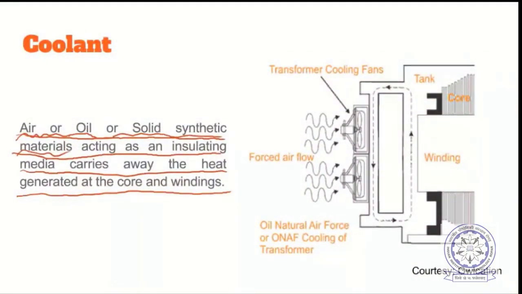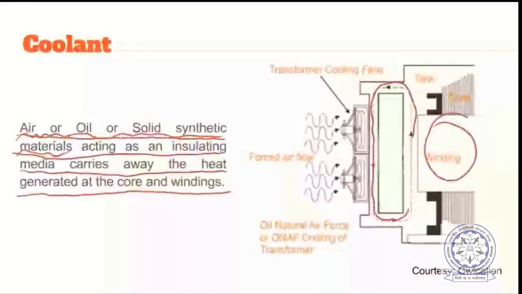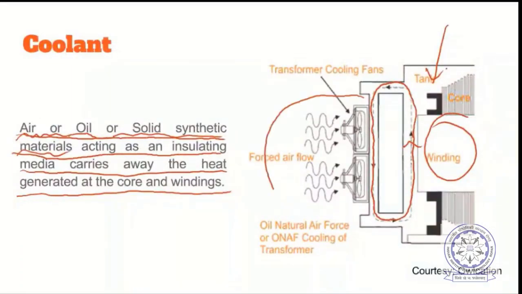So you can see this is the winding on the right side, and inside the tank, if oil is there, sometimes oil will be circulated like this, either due to a natural process or due to a forced process, which we will see. Outside, there is another system.